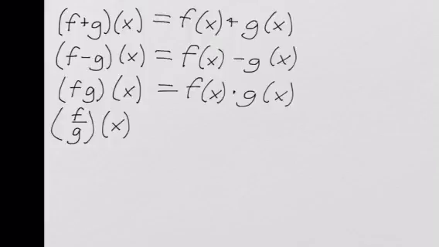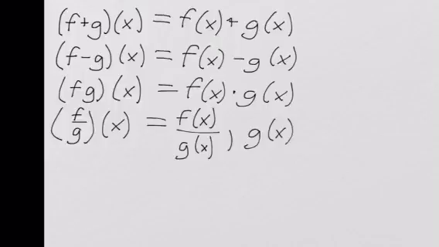And then f divided by g is simply going to be f of x divided by g of x. But there is one more thing that we have to worry about on this one. That is that g of x cannot equal 0.